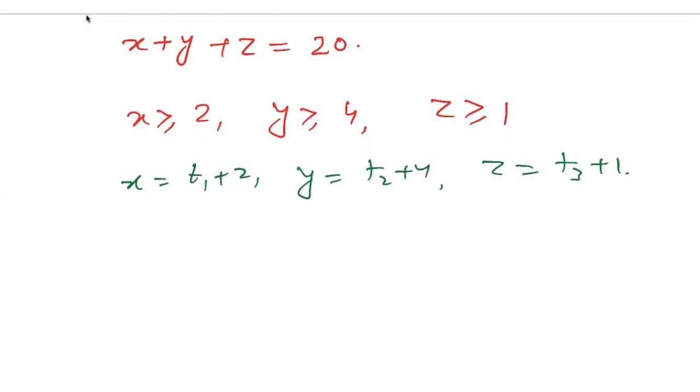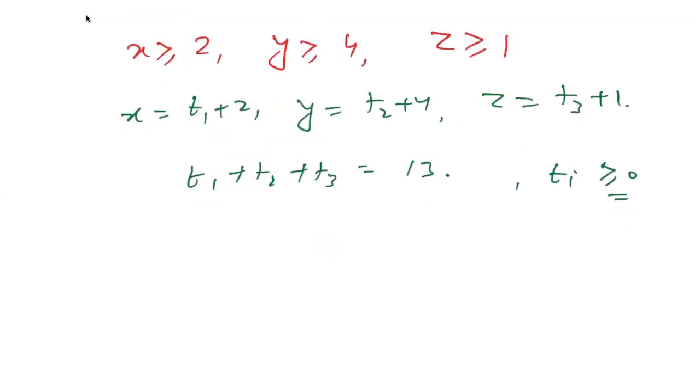If I write this, t1 plus t2 plus t3 equals 20 minus 7, which is 13. Now any ti is greater than or equal to 0, whole numbers. So directly you can use this: 13 plus 3 is 16, 15C2. Is it okay?